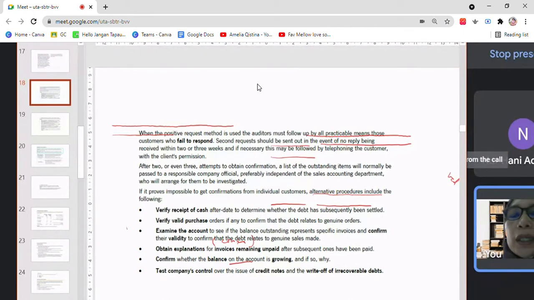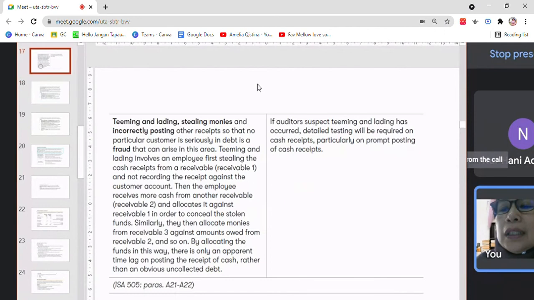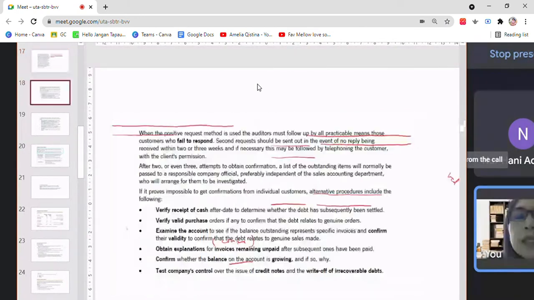So this one is the teaming and lading we discussed earlier. You want to see whether the prompt posting of cash receipts is correct, so you have to perform the alternative procedure: verify cash receipts after date and determine whether the debt has subsequently been settled.